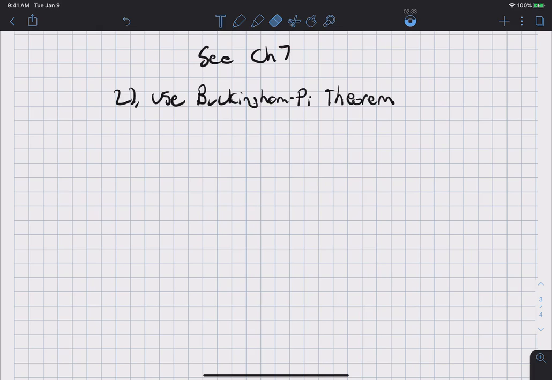Okay, so now we're going to go over the Buckingham Pi Theorem, and I'm going to discuss how to use it mainly by example.